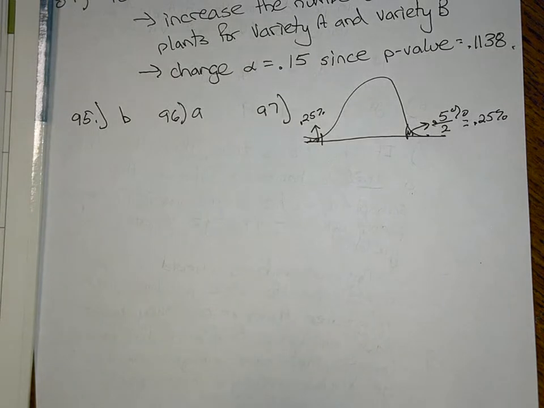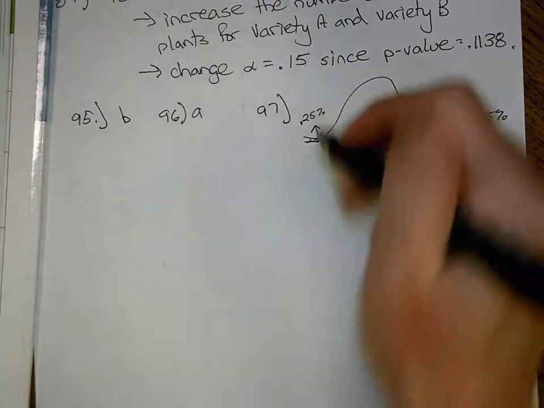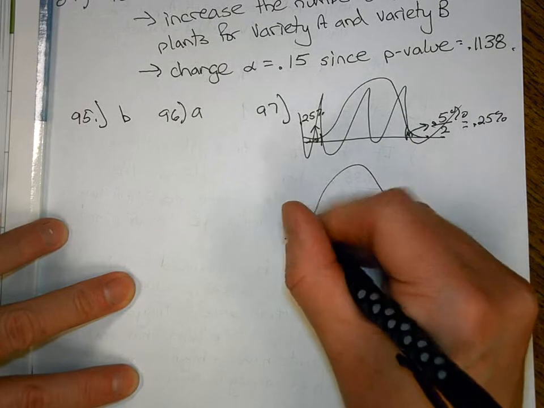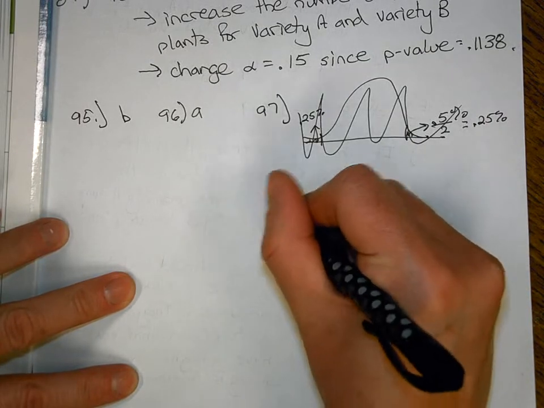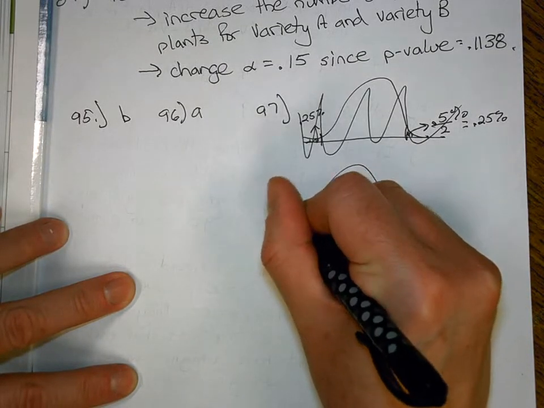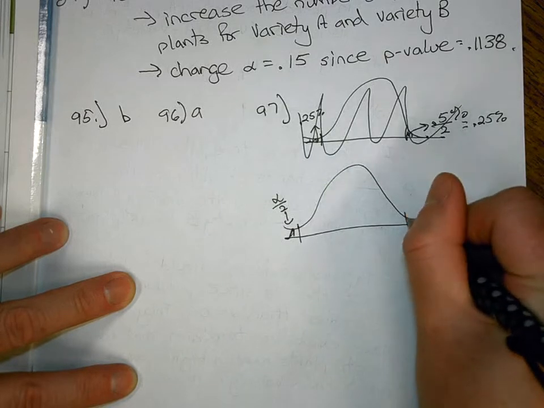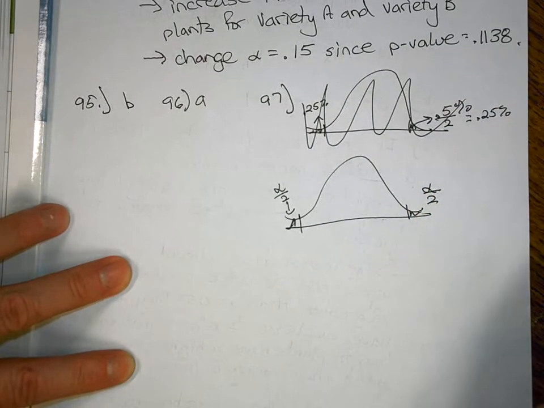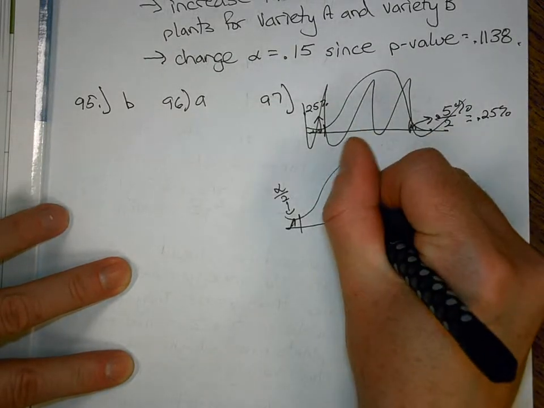It's a two-sided test and our alpha level is 0.005. Now your p-value is multiplied by 2, but this is half of your alpha, and this is half of your alpha. So if your alpha adds up to 0.5%, then this confidence interval is 99.5.